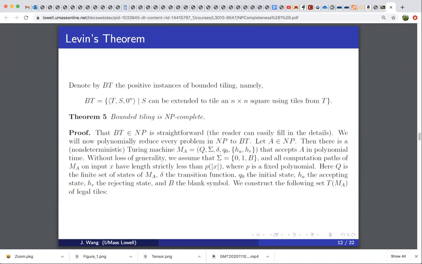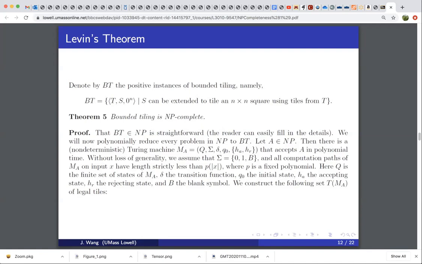So the idea is similar to proving post-correspondence problem is undecidable. In other words, we're going to use tiles to represent a computation history of a Turing machine, okay?